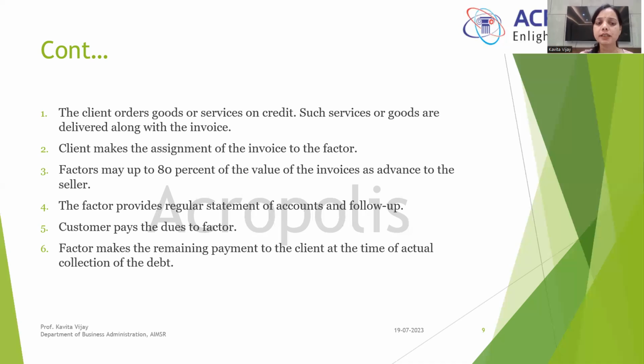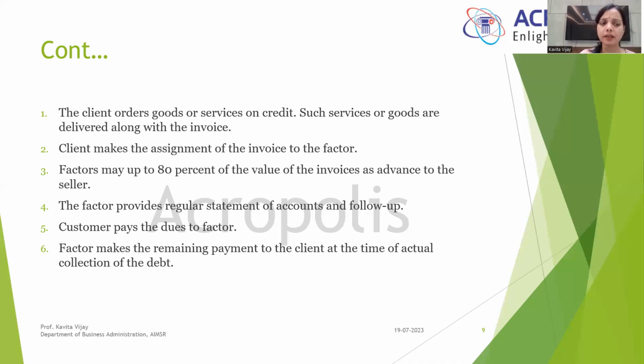The factor provides regular statements of accounts and follows up with the customer. This is the work of the factor company: it follows up, provides a periodic statement to the client, and credits the client's account whenever it receives the amount.